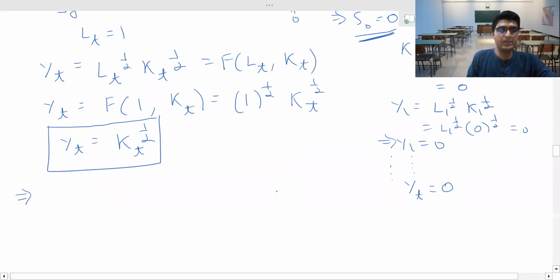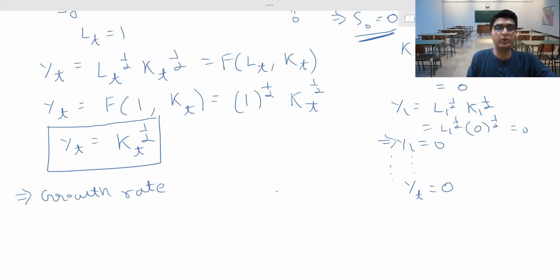So in this particular case, growth rate of जो output होगा, output की जो growth है, that depends only upon growth of capital. अगर capital grow करेगा, तभी output grow करेगा. In this particular case, okay, we are solving a question.